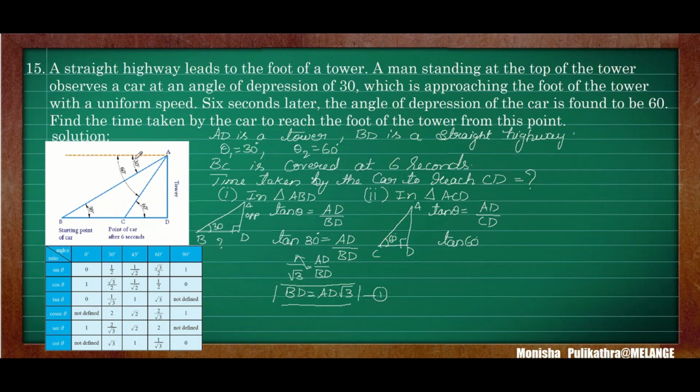When you take alternate angles, this 30 degree will come here and the 60 degree will come here, the angle of depression by alternate angles. So tan 60, according to the chart, is root 3, equals AD by CD. By cross multiplying, you will get CD is equal to AD by root 3.